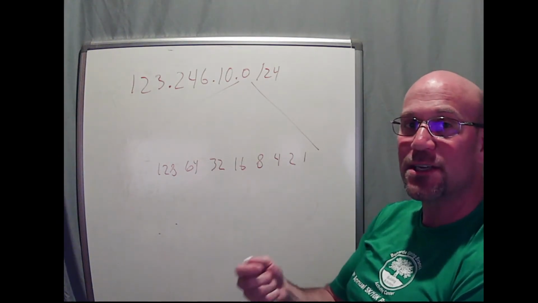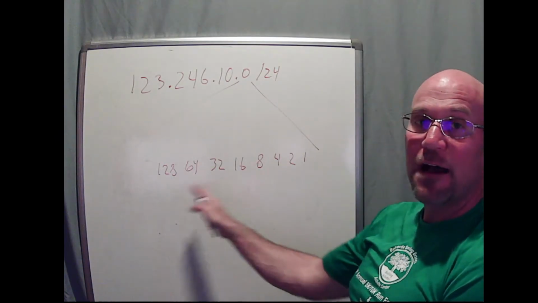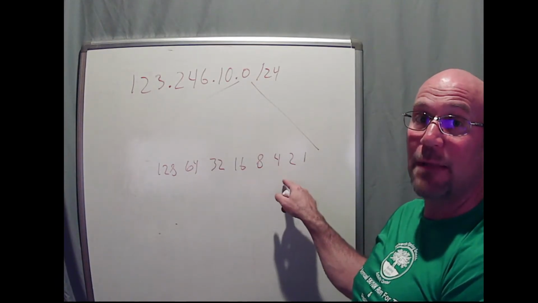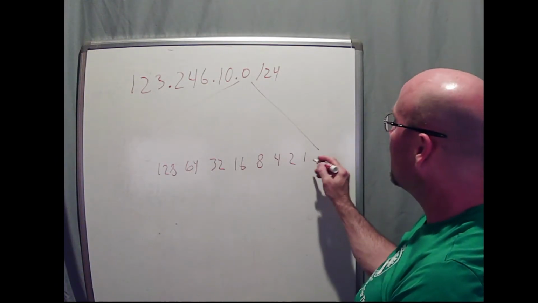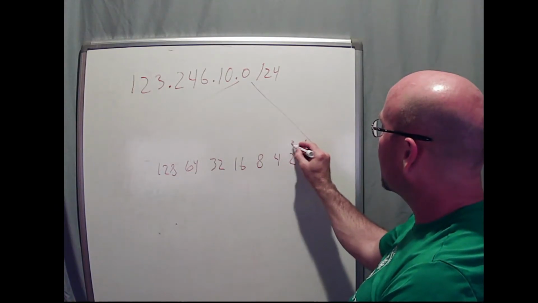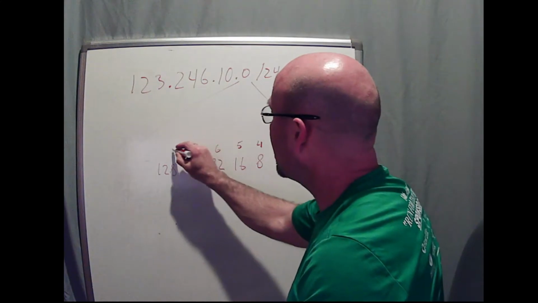Remember, binary digits are either a 0 or a 1. If it's a 0, there's no value in that space. If it's a 1, then it takes on that placeholder value. I'll show you what I mean. So this is the first bit, the second, the third, fourth, fifth, sixth, seventh, and eighth.